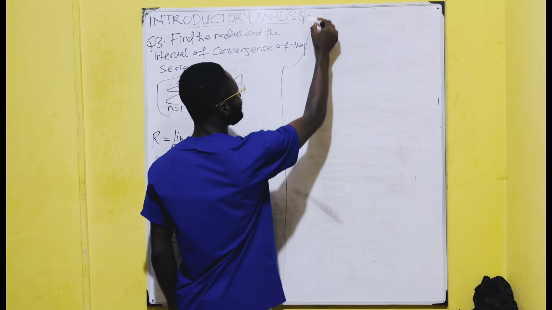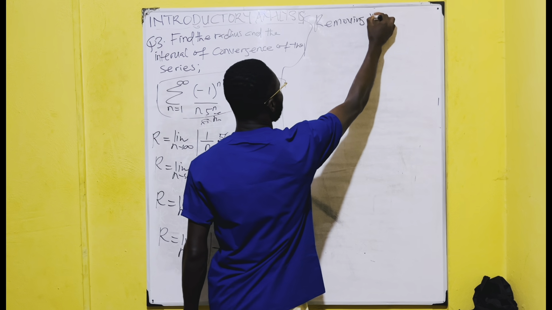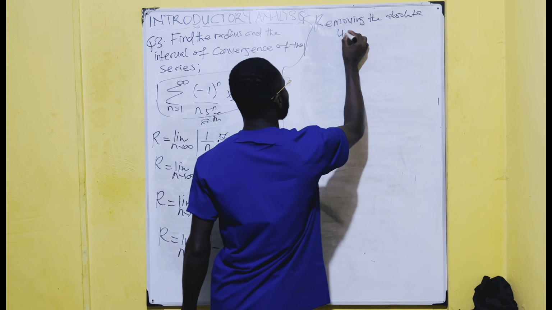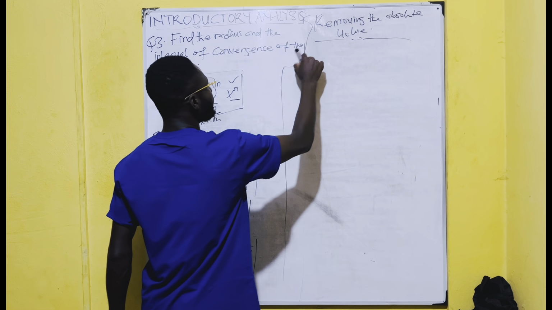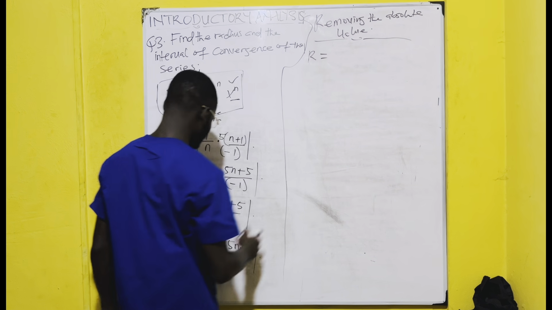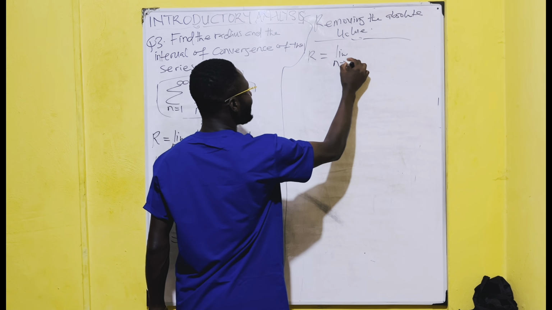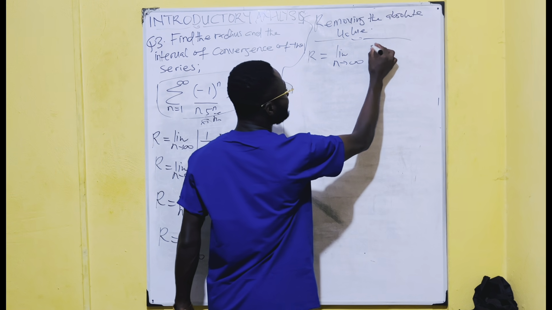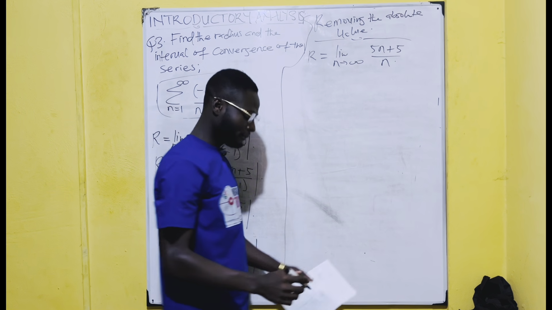We do that by removing the absolute value. We are going to have the radius of convergence to be the limit as n approaches infinity of 5n plus 5 divided by n.